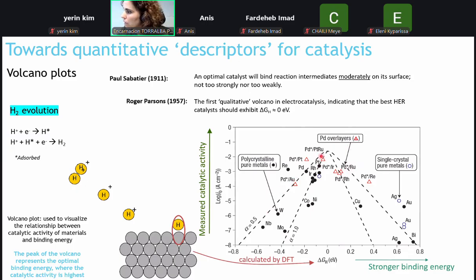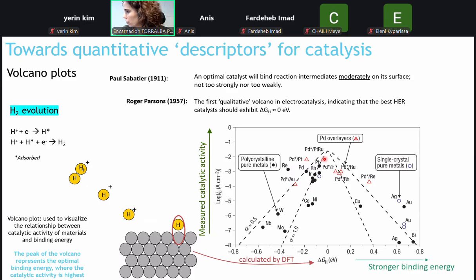The peak of the volcano is going to give me the best catalyst, the optimal, the one that binds the hydrogen or the CO2 or the species that reacts optimally, not weak enough for the reaction to not take place, not strong enough for the electrode surface to get poisoned.